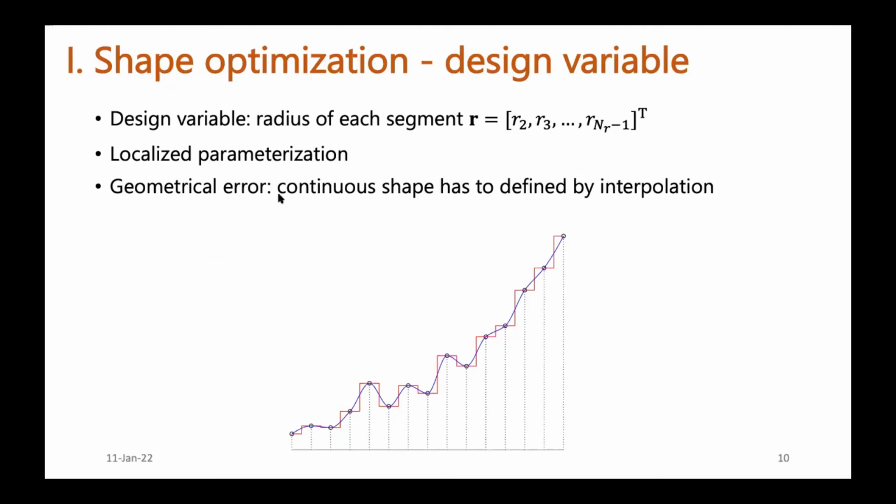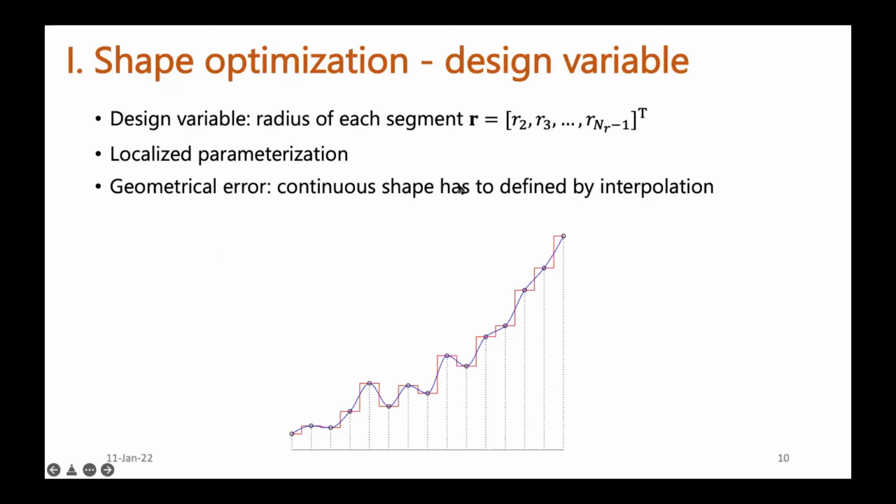And this kind of parameterization is localized parameterization, because if we change one variable, the discontinuous stepped model only changes in this local segment, and the others will not be changed.